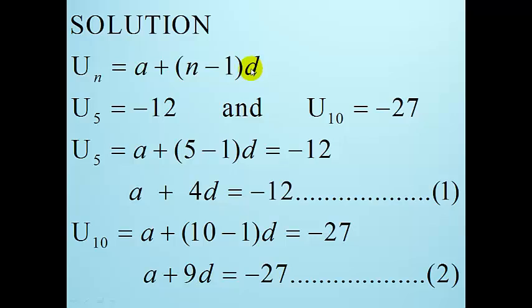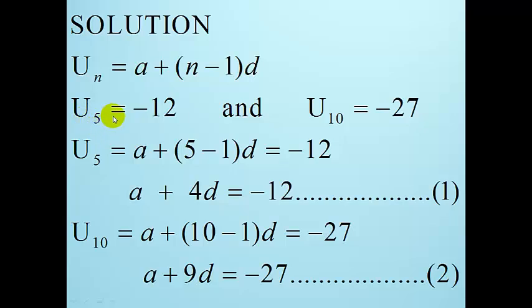From the question, we are told that when n is equal to 5, the answer is minus 12, and when n is equal to 10, the answer is minus 27. So we have u10 equal to minus 27 and u5 equal to minus 12. That is from the question.